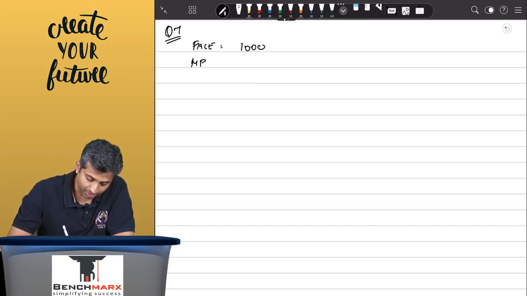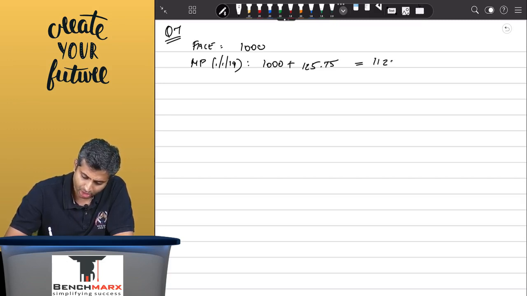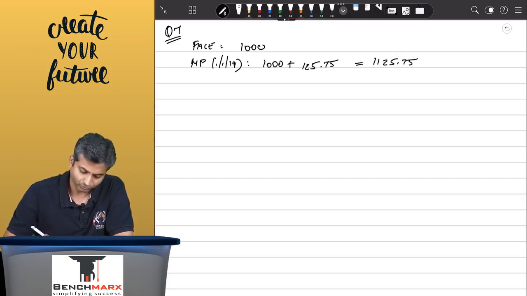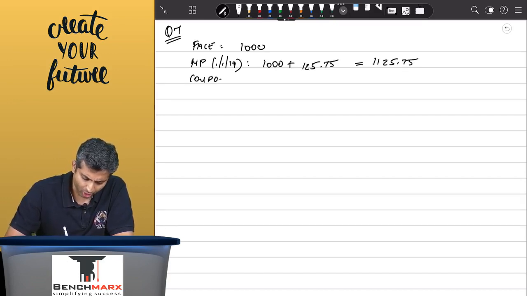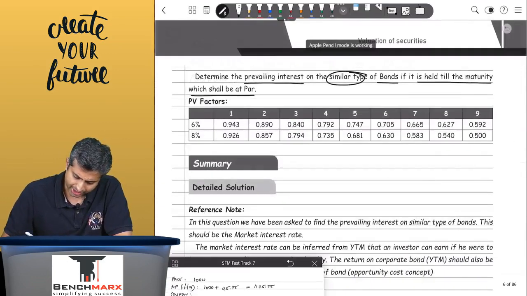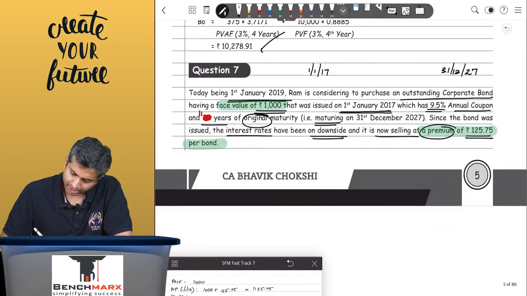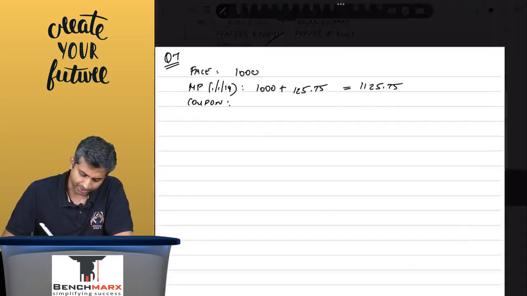The market price on 1st of January 19 will be 1000 plus 125.75. So this is 1125.75. The coupon rate on this bond is given to you as 9.5%.